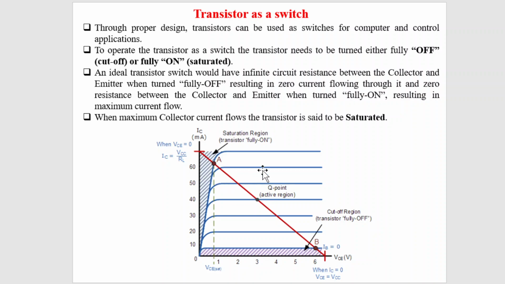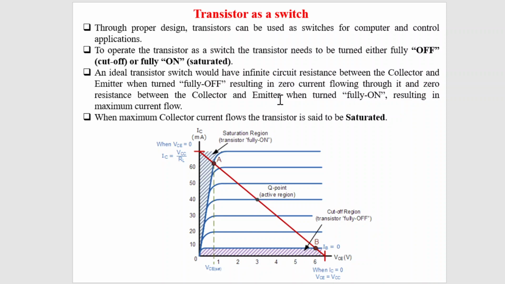If you see the output characteristics curve of the common emitter transistor, when base current becomes equal to 0, this is the cutoff region of the transistor and this is the saturation region. In cutoff region, there is no collector current, as base current is 0.